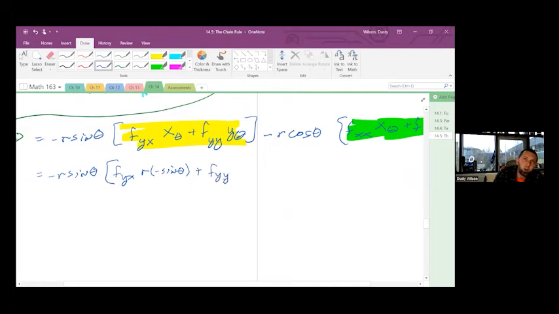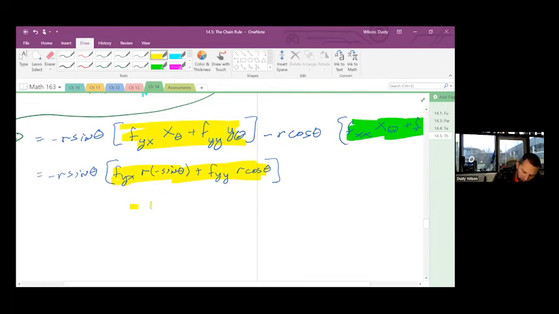Y equals r sine theta, so y theta is r cosine theta. So that's the yellow part, now with the partials with respect to theta found.